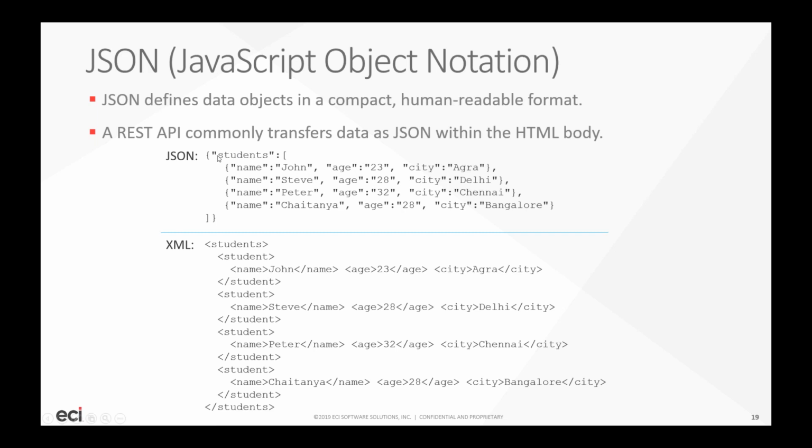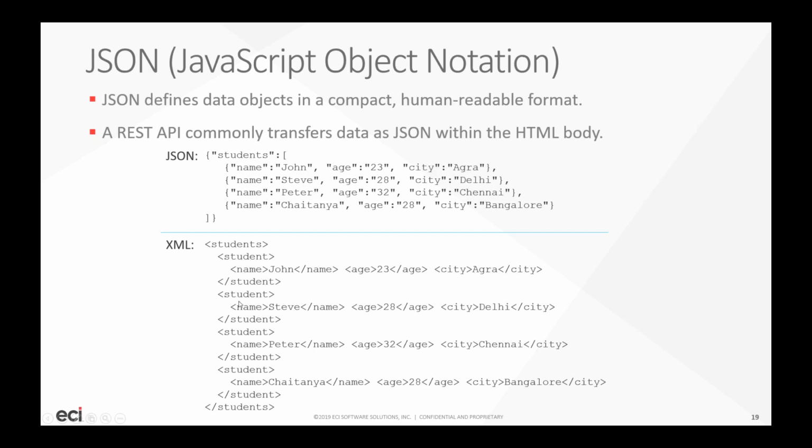We see here the name of the list is students. It uses these colon separators, and uses a bracket here for the array. We'll look at a few more examples as we go, but here we see a list of 4 students: John, Steve, Peter, and Chaitanya. And we have ages for each and a city in which they reside.